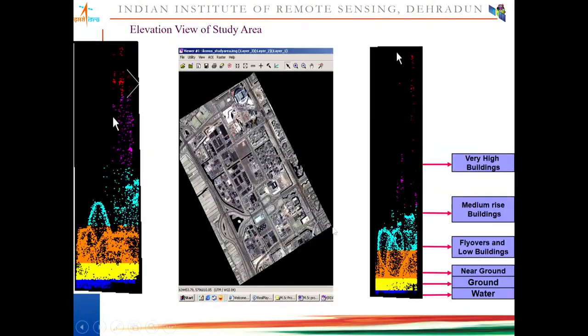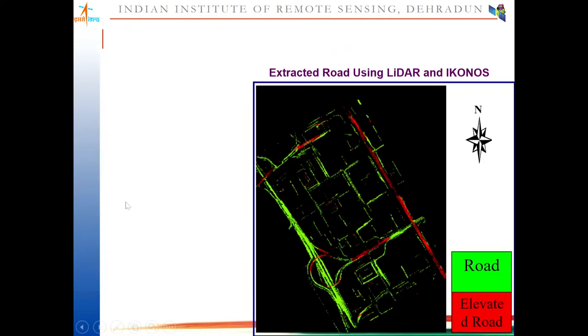Now the problem that came up was, you can see here the representation of the point cloud: very high buildings with more height, and these flyovers and these buildings. Because they had the same height, they were likely to mix together. So for this the image was also used.